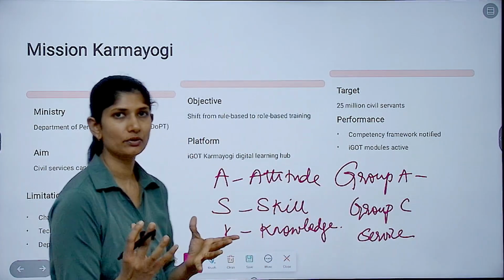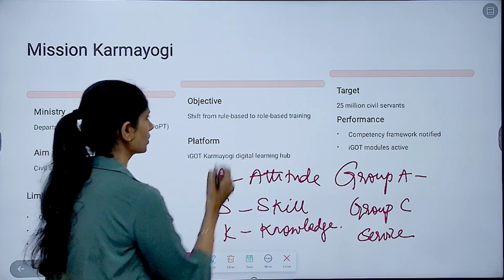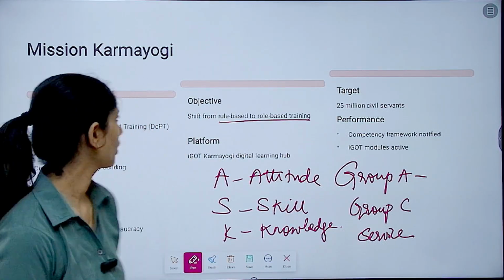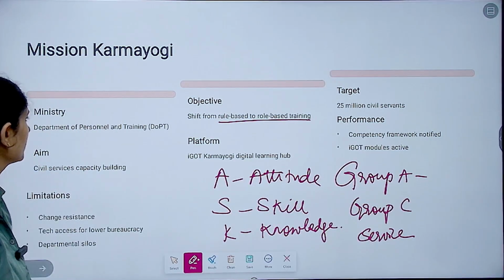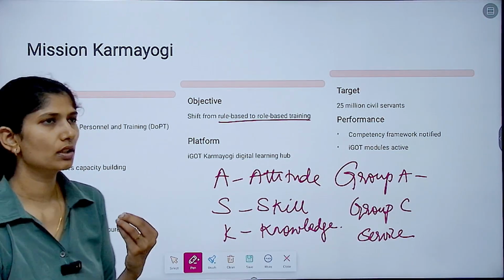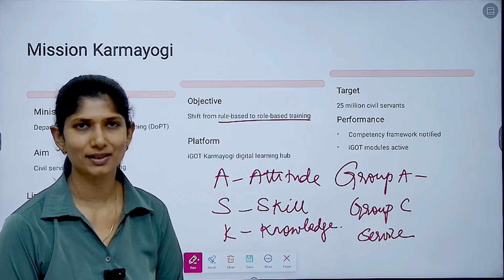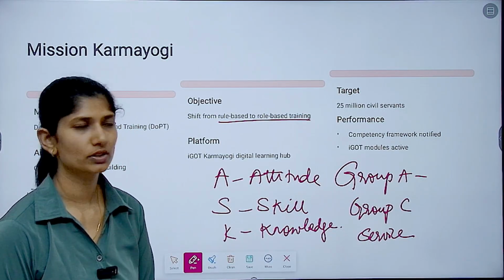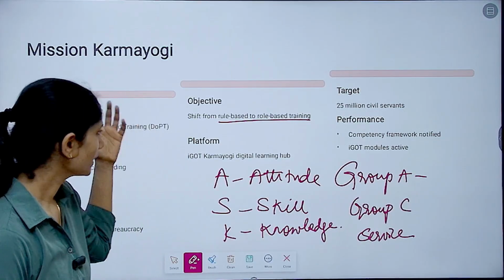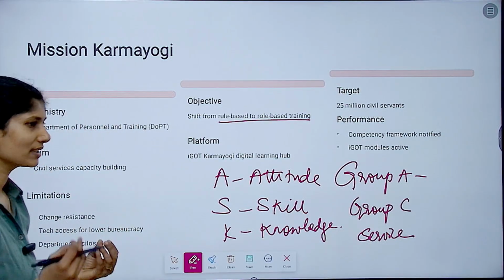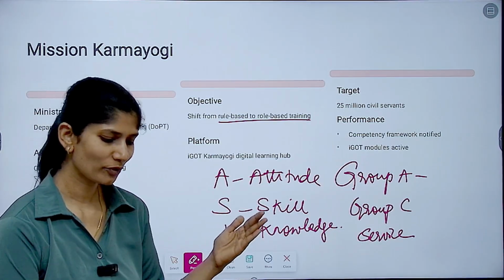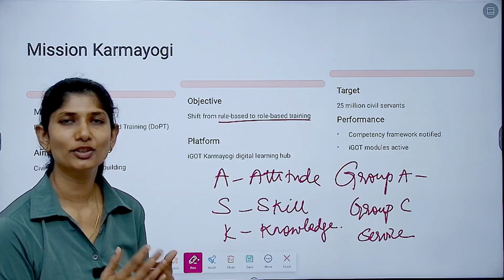Another important keyword with respect to Mission Karma Yogi is that it is rule based to role based training. It is launched by your Department of Personnel and Training. It is to bring in a concept of capacity building in the civil servants. It targets more than 25 million civil servants. The issues, again, if you see, there is a resistance to change, to technological integration into the bureaucratic model.